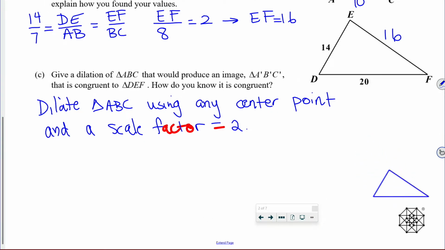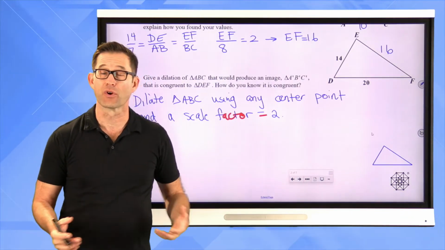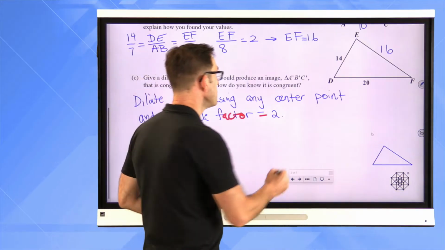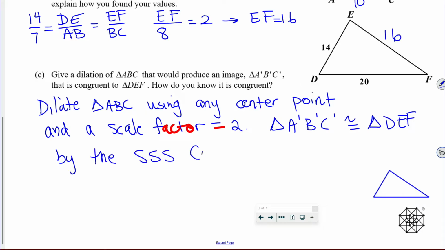All right. Now, how would we know that the two triangles were congruent? Well, at this point, triangle A prime, B prime, C prime would have to be congruent to triangle DEF by the side congruence theorem.